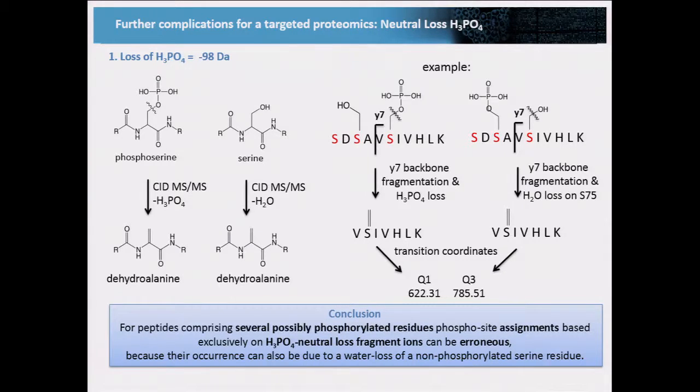So whenever you do phosphopeptide site assignment, do not use these neutral loss fragments. But once you have a correct site assignment, you can include them in your method for the purposes of quantification if you think they are very abundant ions. But you need to get the assignment correct first.